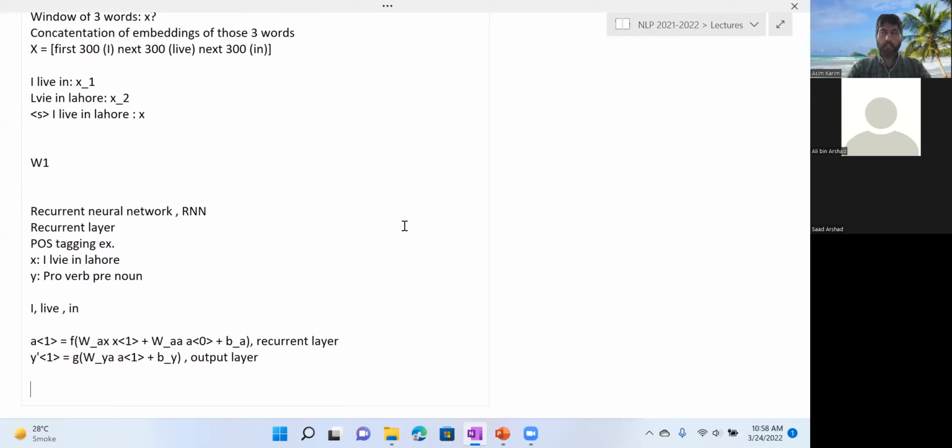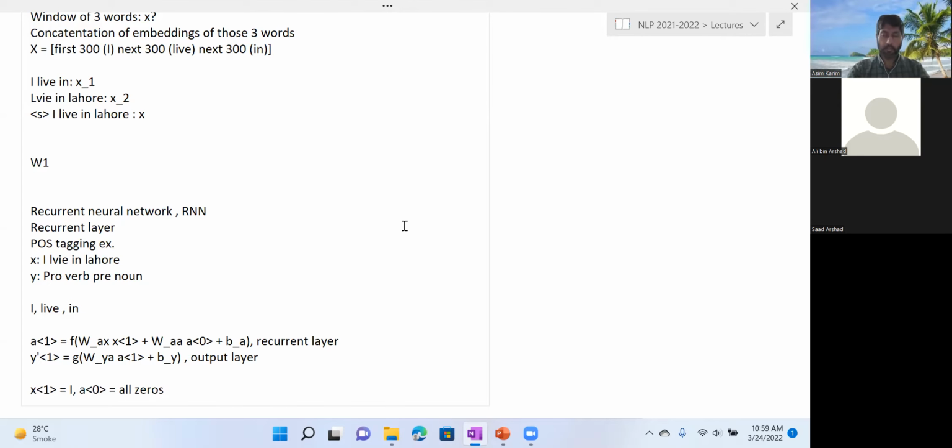Let's say we are doing the POS tagging problem. X1 would be the representation for the word "I", right? So what would A0 be? This is actually the starting activation. Usually this is taken as all zeros because we don't have anything before it, unless you have some activation for the start of a sentence.